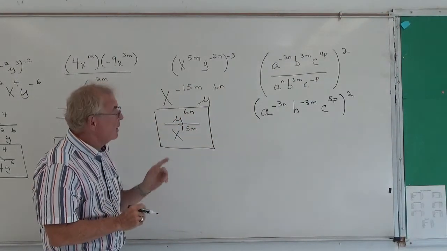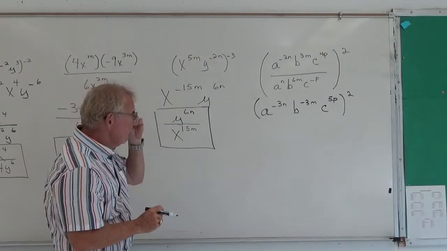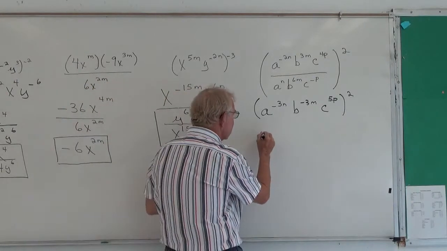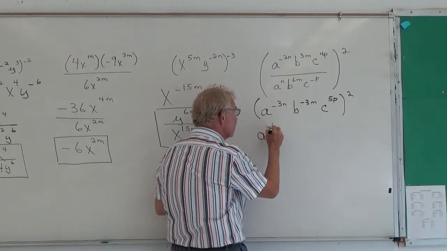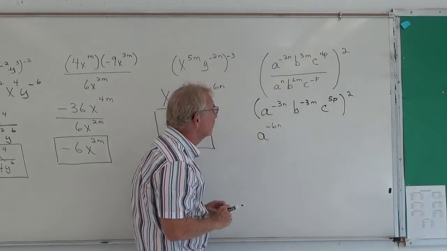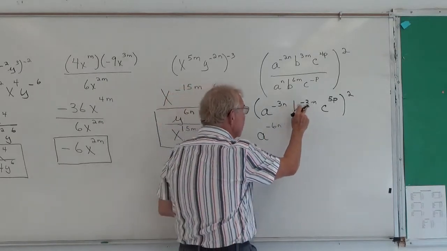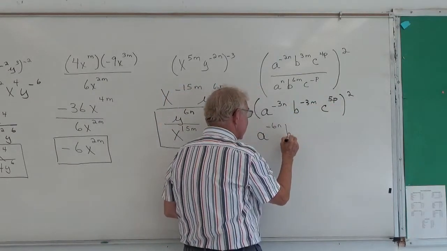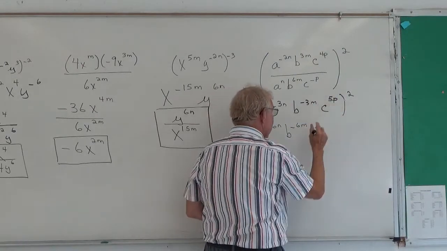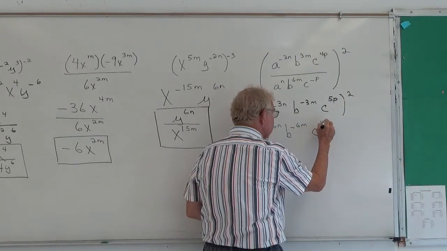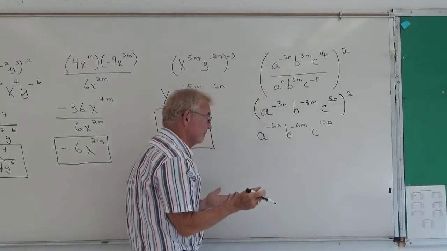Now we're going to use the power rule. The power rule says you multiply the exponents. So negative 3n times 2 is negative 6n. Negative 3m times 2 again is negative 6m. And 5p times 2 is 10p. So there's the power rule.